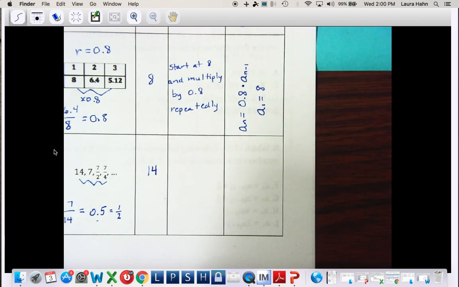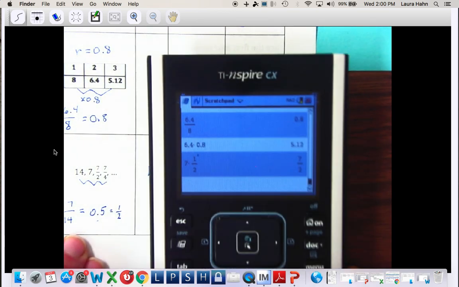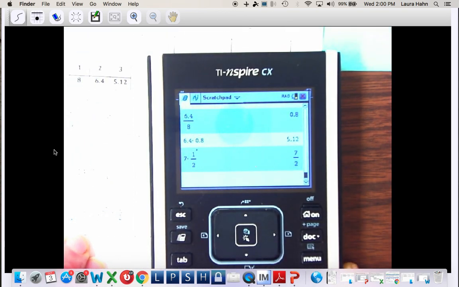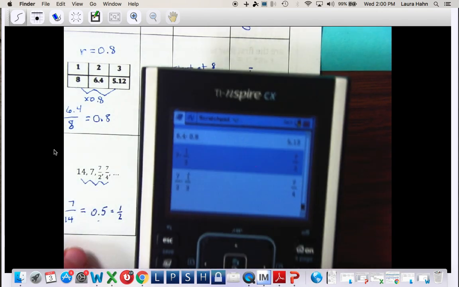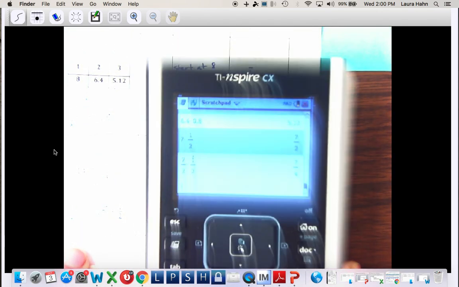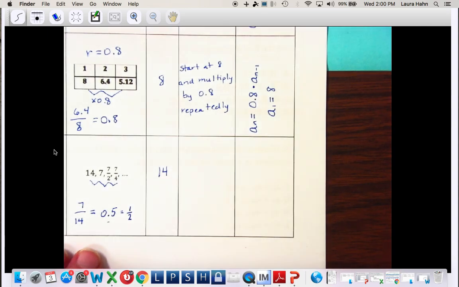And we should get 7 over 2, which we do. Okay, so now let's try it. 7 over 2 times 1/2, which we should get 7 over 4, which we do.